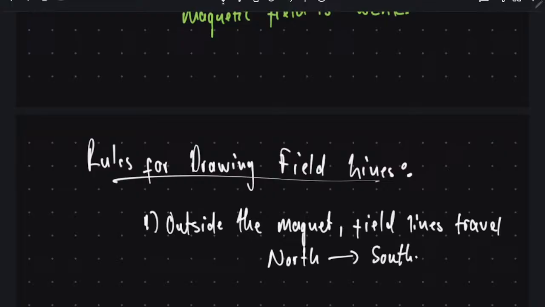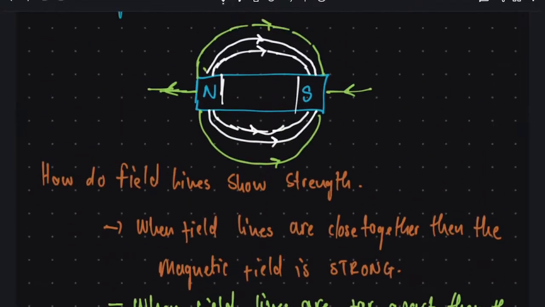Don't let me down. May I not see weird stuff? They come out of the North Pole and they get into the South Pole. Put your arrows correctly. Okay?